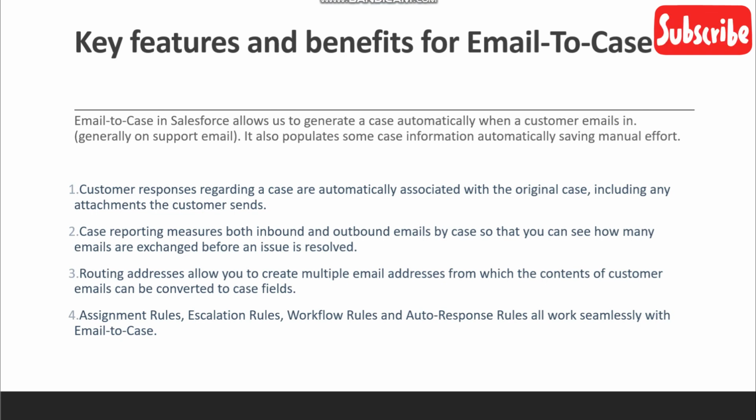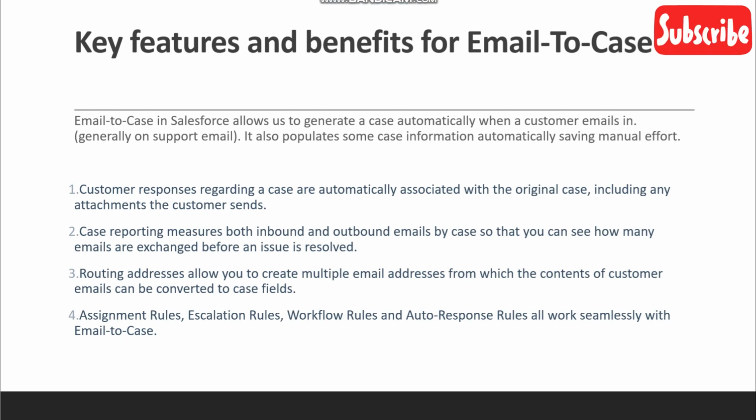Second, case reporting measures both inbound and outbound emails by case, so that you can see how many emails are exchanged before an issue is resolved. Before any issue is resolved, we can count how many emails are exchanged between the customer and the organization, any type of inbound or outbound email. That is also a benefit of email to case.